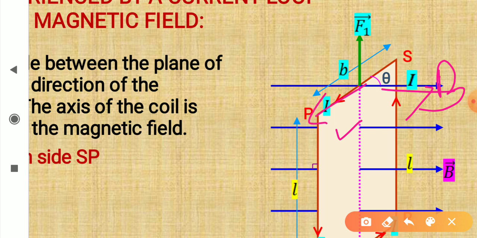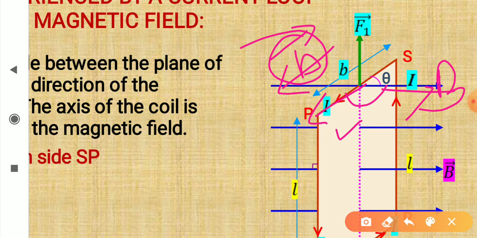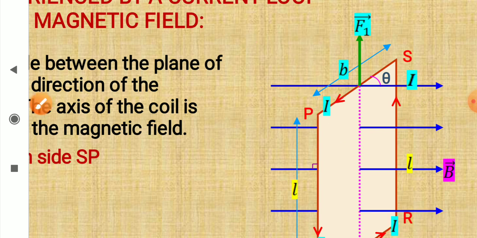You know that the length element is along the direction of the current. So when you take this cross product l cross B and use your right hand screw rule, then the force will be directed upwards. So force acting on this side is upwards. It is perpendicular to the side PS and it is upwards, right?